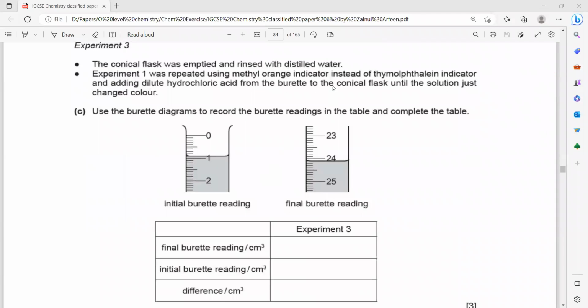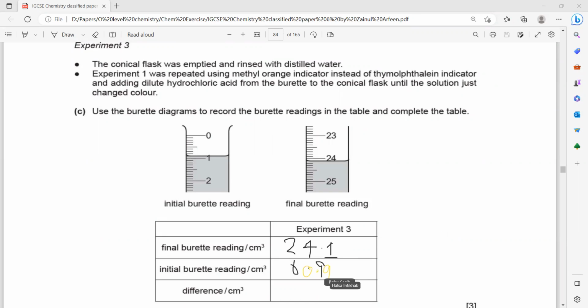Then the third experiment was done. A conical flask was emptied and rinsed with distilled water. Experiment 1 was repeated using methyl orange instead of thymolphthalein indicator. Dilute hydrochloric acid was added from a burette into the conical flask until it shows a color change. From the burette diagrams, what is the initial burette reading and final burette reading?